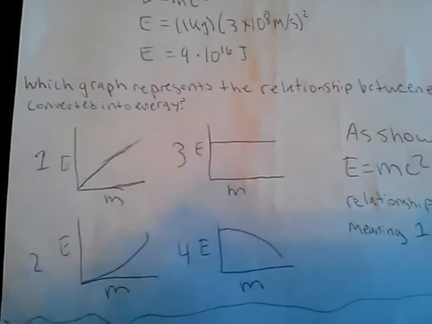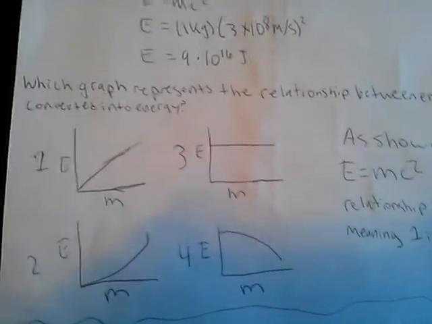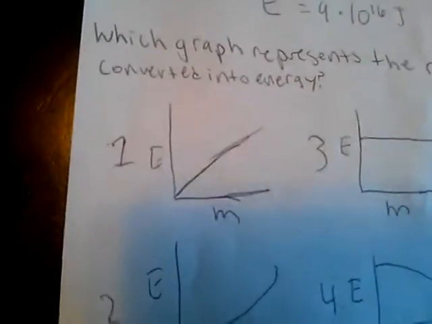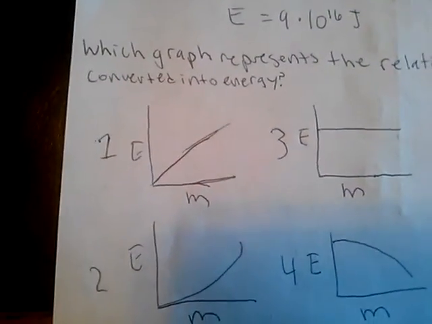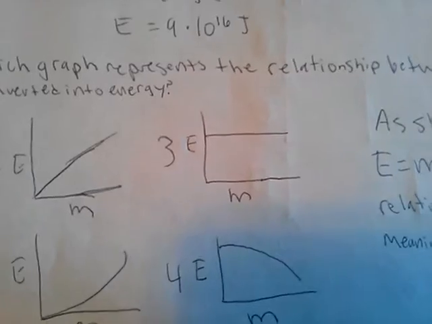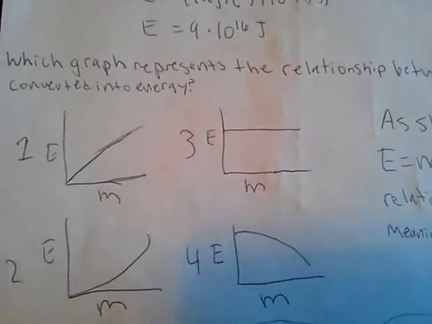Okay, next question. Which graph represents a relationship between energy and mass when matter is converted into energy? You want to use this formula again, and notice that the c is squared, not the m. So E and m have a direct relationship. As one increases, the other also increases, which is graph 1. Graph 3 shows that when the mass increases, the energy stays the same.